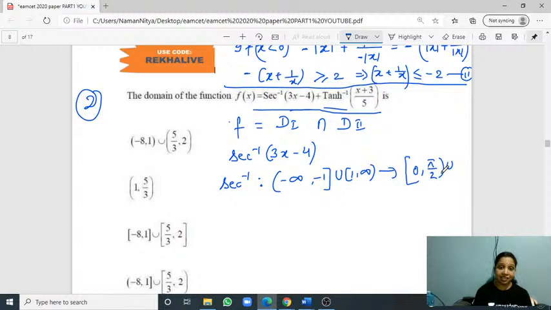Why? Because secant pi by 2 is undefined. So pi by 2 is not there. Pi by 2 comma pi. Here I wanted to write pi. So let me just rewrite this one again.